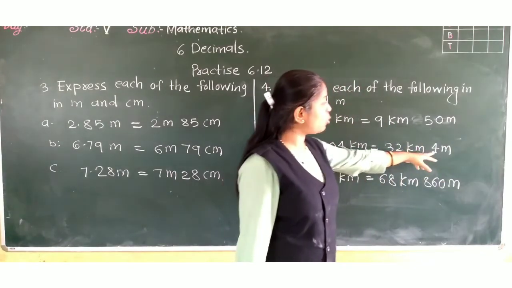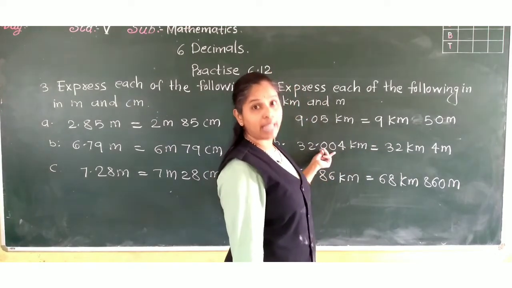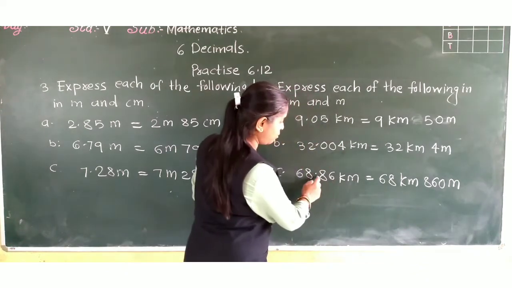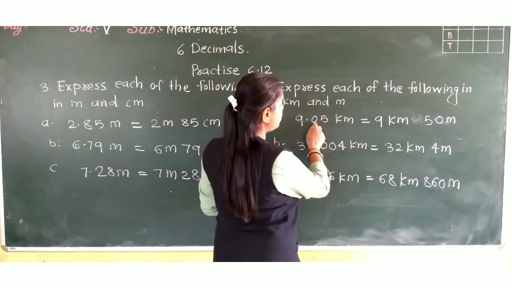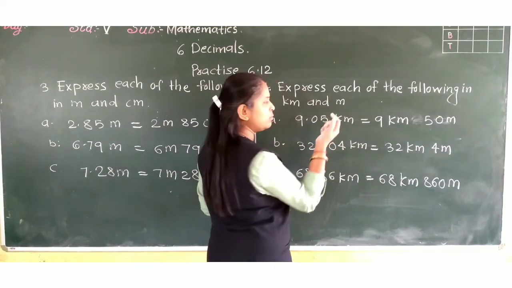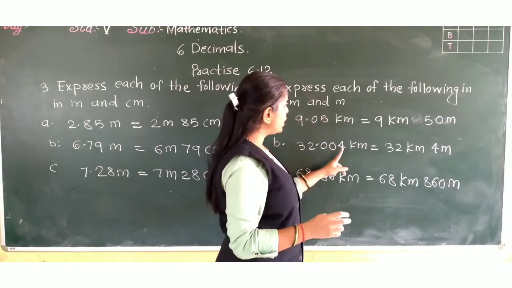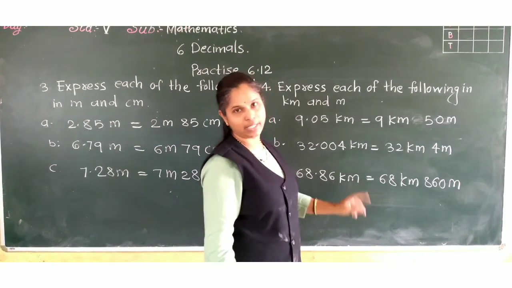This is why I have written only 4, because before 4, 2 digits are already there. That means only 4 meters are there. Like that here see, already 2 digits are there. So 1 zero I can add. Here only 2 digits are there. So 1 zero I can add after 5. So here see 50 meter, here 4 meter and here 860 meter. In this way. Okay.